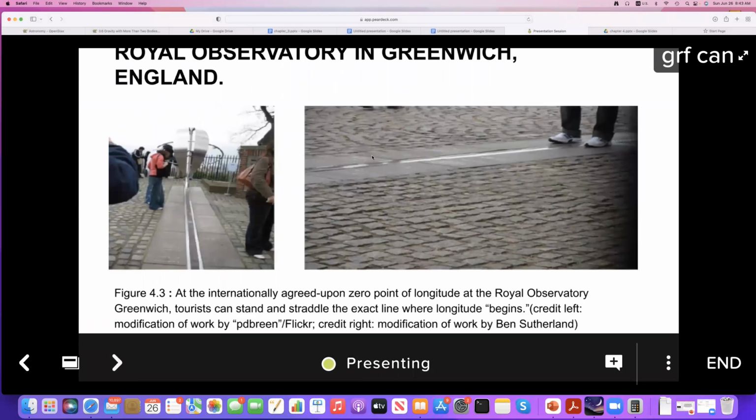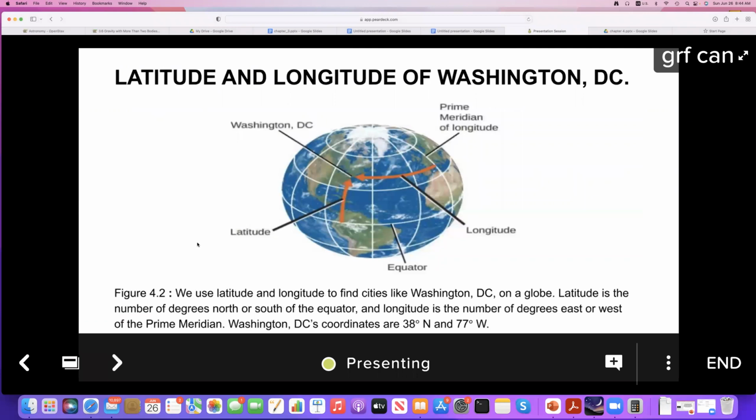And this is actually the actual Greenwich line that you can see right here, which is the definition to measure the longitudes. And here is an example of how to measure the latitudes and longitudes.